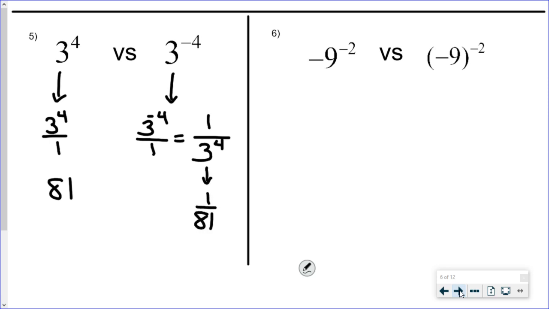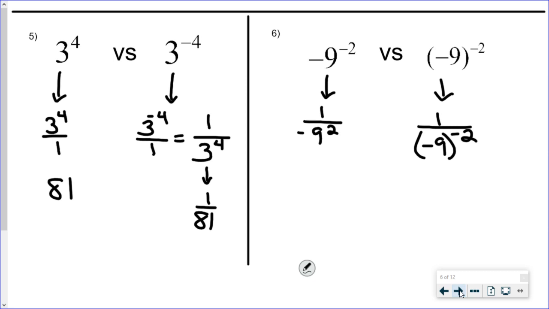A negative exponent does not mean you're going to have a negative answer. Okay, this means 1 over negative 9 to the power of 2. Okay, this means 1 over negative 9 in parentheses, sorry about that, to the power of negative 2.